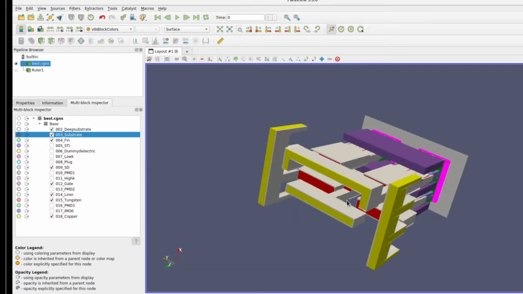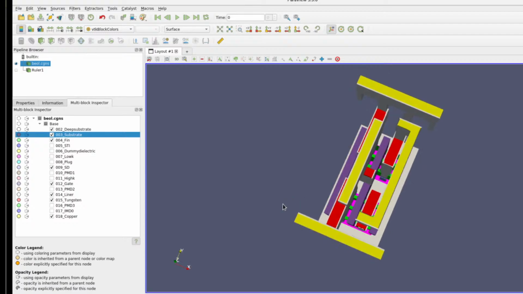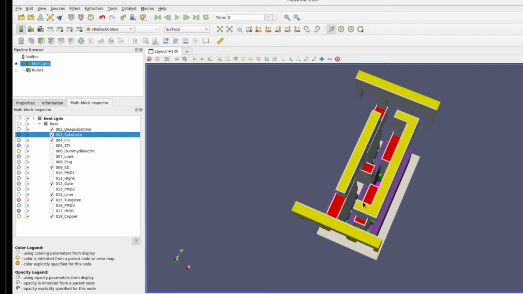And how about the drain of them? Drain of these two transistors are connected through BR, and this is M1.